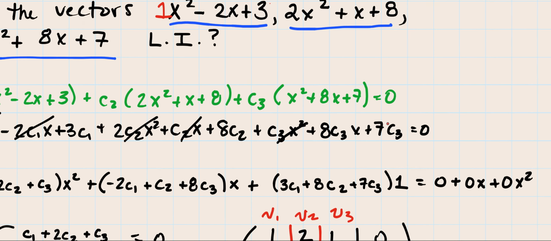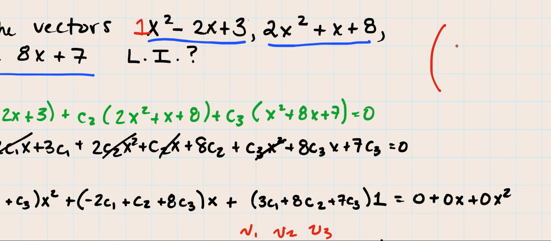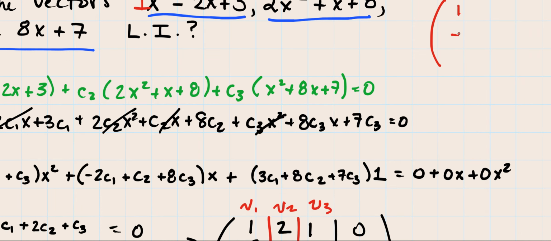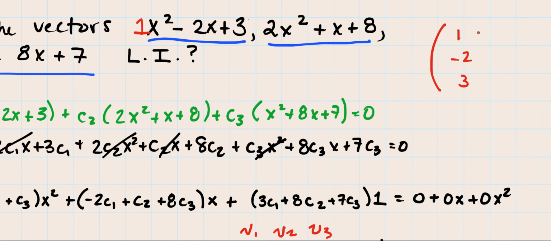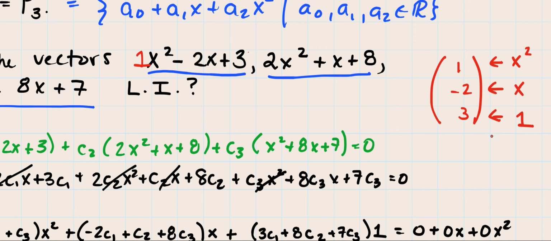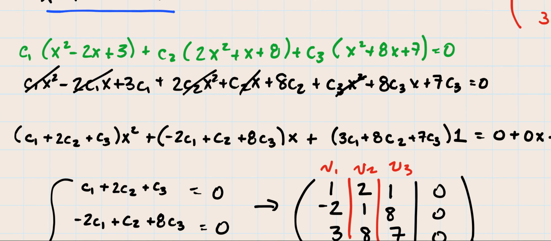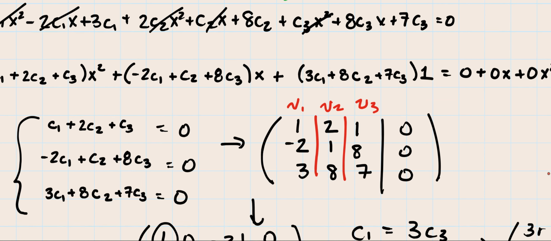So what we're doing is making this, let's say this is 1, negative 2, 3, corresponding to x squared. This is corresponding to the coefficient in front of x, and this is corresponding to the coefficient in front of 1. So that's another way to think of this. But grouping like this is perfectly fine as well. You're going to get the same answer.